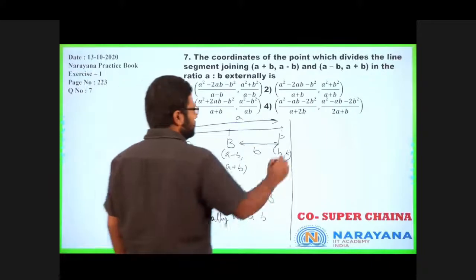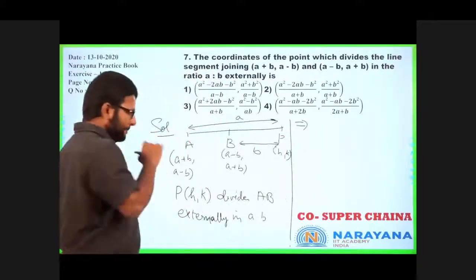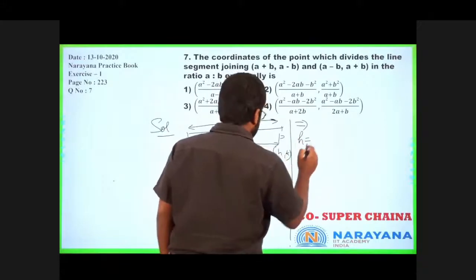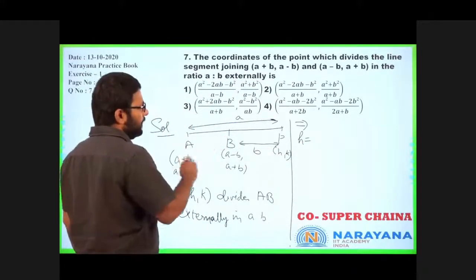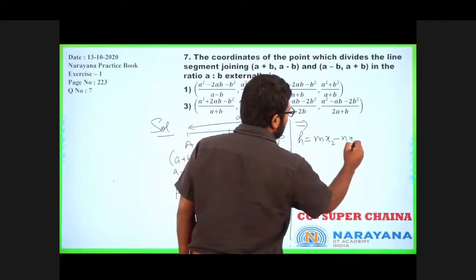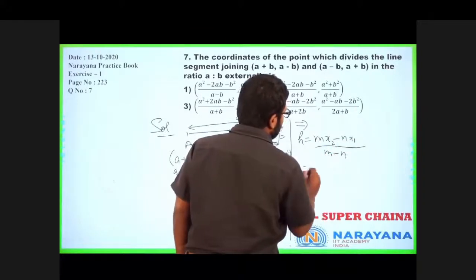Which means directly we can say that H is equal to, once again for your convenience, (mx2 minus nx1) upon (m minus n), right?